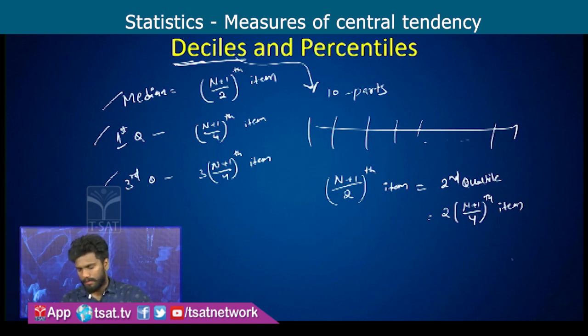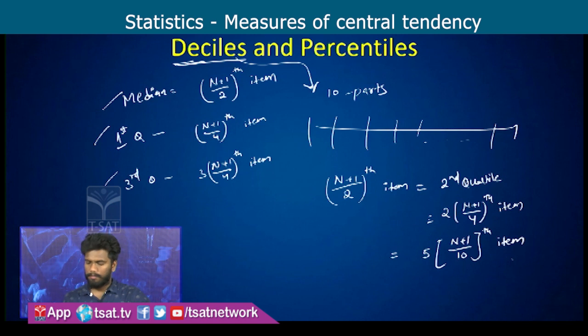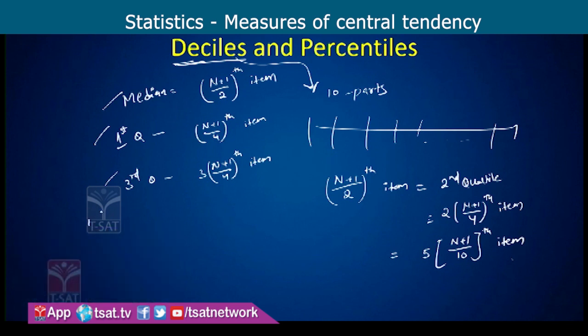This is also equal to the fifth decile, 5 into (n+1)/10th item. Each and every decile is given by the same formula.